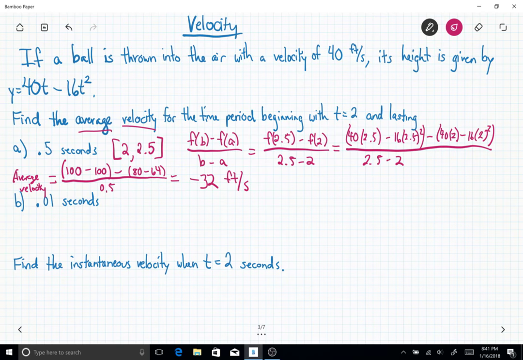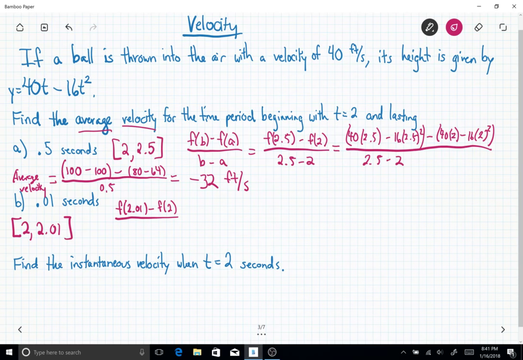Now for our next one, let's take a look here. In this case, where's our interval? We're going from 2 to 2.01. Okay? So in this case, all we need to do is go f of 2.01 minus f of 2, which we already know what that's going to be.